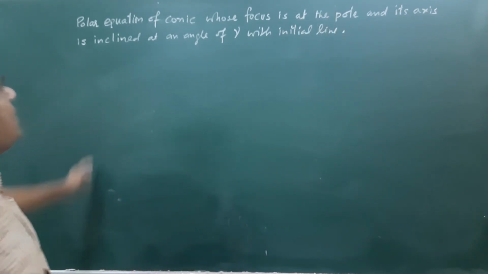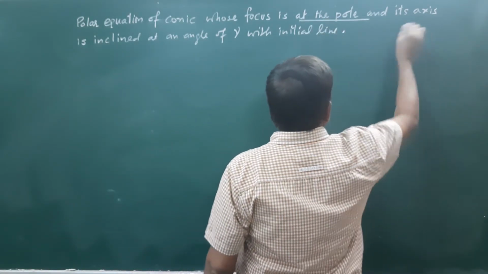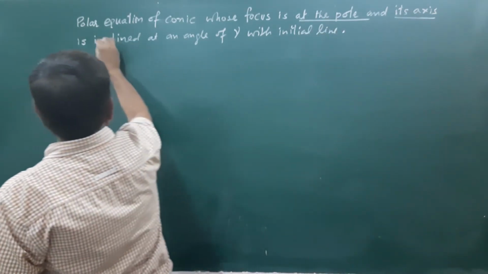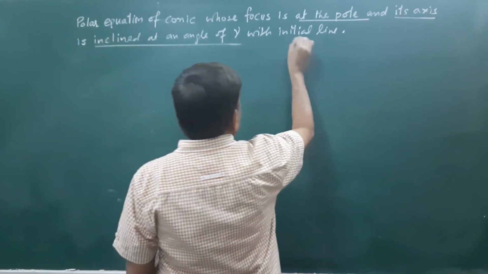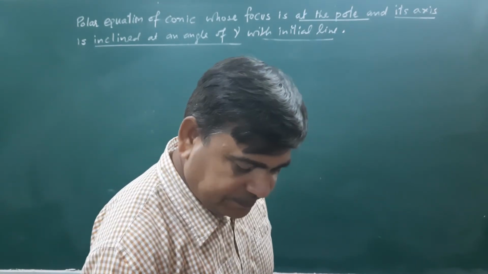Okay. Polar equation of conic whose focus is at the pole and its axis is inclined at an angle of gamma with initial line. So let us see.